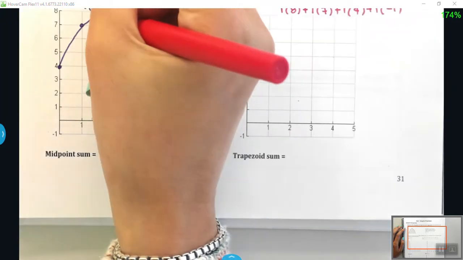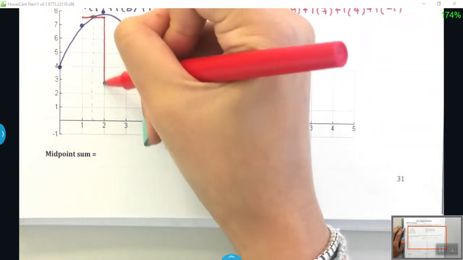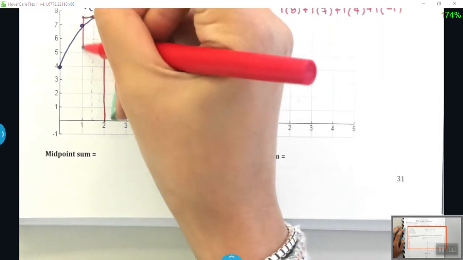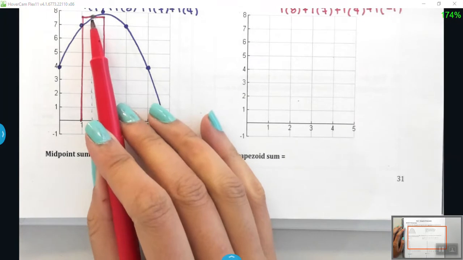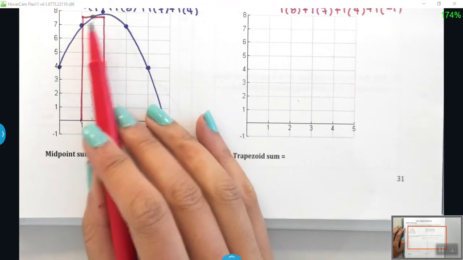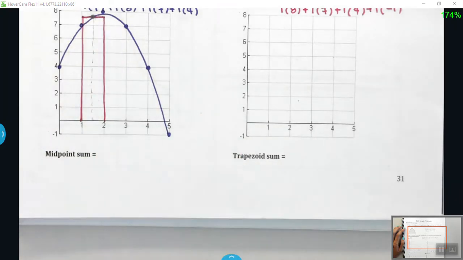So like halfway out this way and halfway out that way. But your width of your rectangle is still the same. It's still 1. But instead of using the left or the right, we go in the middle of the two. And then you'll get a little bit of this area, and you'll take away a little bit of this area, and it'll be more exact. Sometimes it is, sometimes it's not.